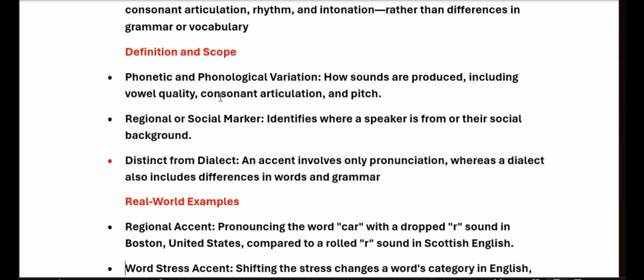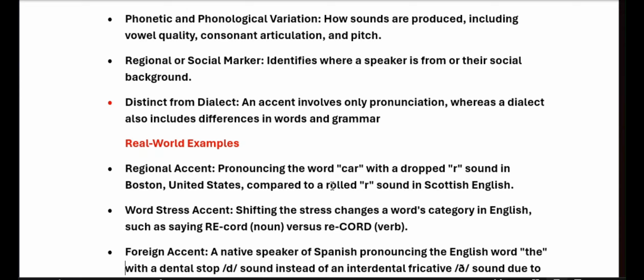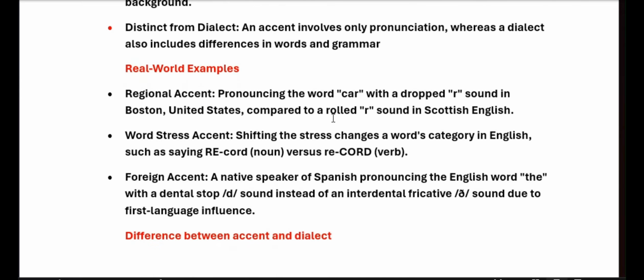Here the definition and scope is given: phonetic and phonological variation, how sounds are produced including vowel quality, consonant articulation, and pitch. Regional or social marker: identifies where a speaker is from or their social background. Distinct from dialect, an accent involves only pronunciation like we discussed earlier, whereas dialect also includes differences in words and grammar. Here the real life examples are given.